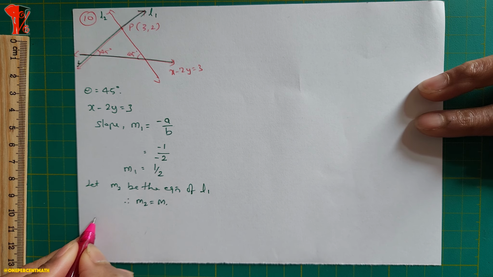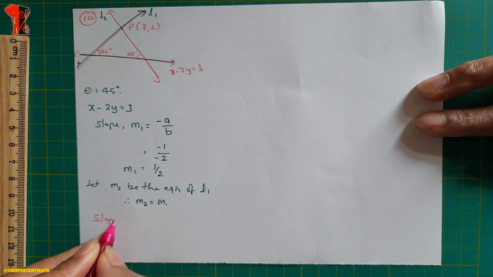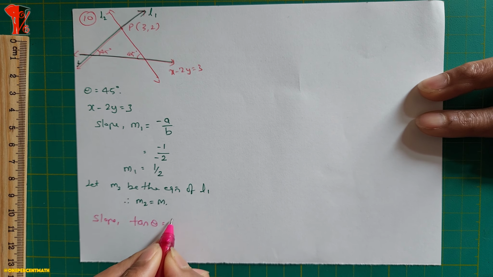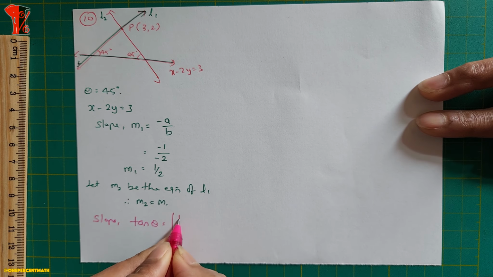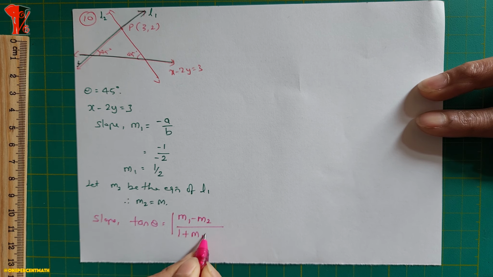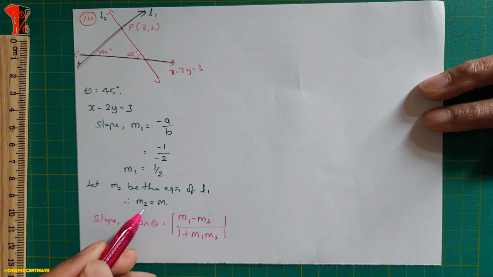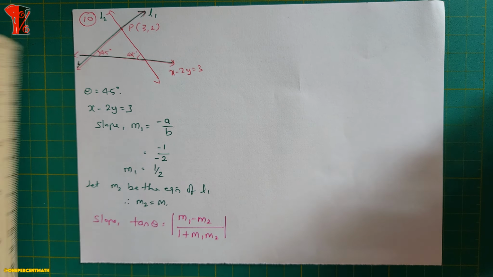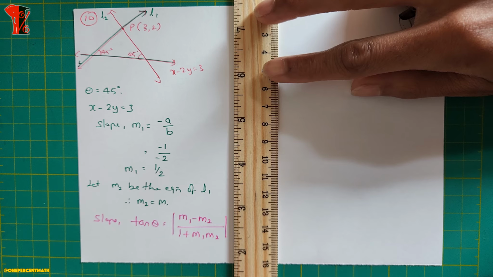So tan theta, correct? Tan theta is equal to, just recall the formula. The formula is m1 minus m2 divided by 1 plus m1 m2, correct? So m1 is 1 by 2, m2 is m, right? We can interchange, that's not a problem.